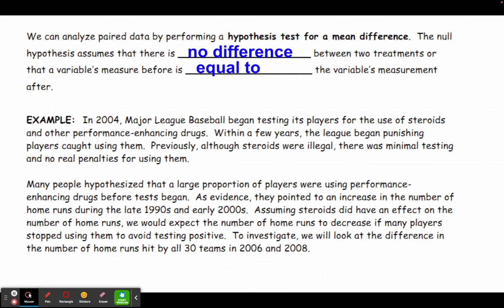Now, if we assume that steroids did have an effect on the number of home runs, we would expect the number of home runs to decrease if many players were using steroids and then stopped using them once testing began. So, to investigate this, we're going to look at the difference in the number of home runs hit by teams in 2006 and 2008.